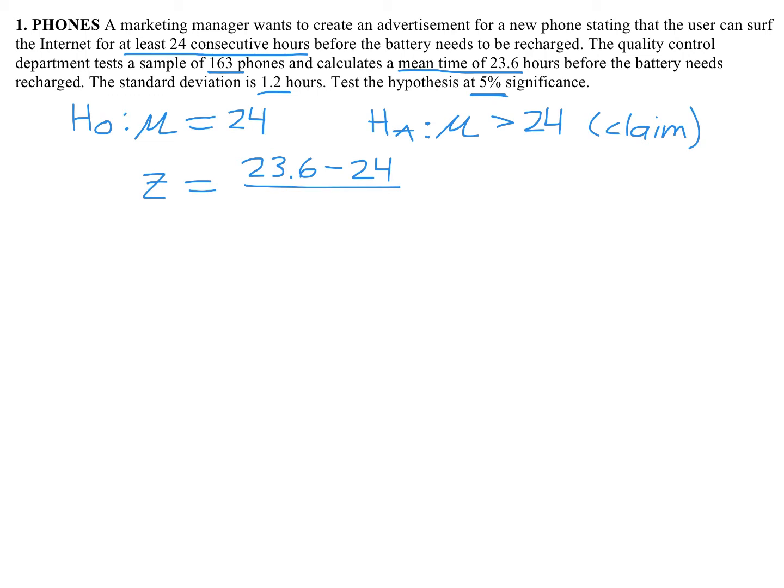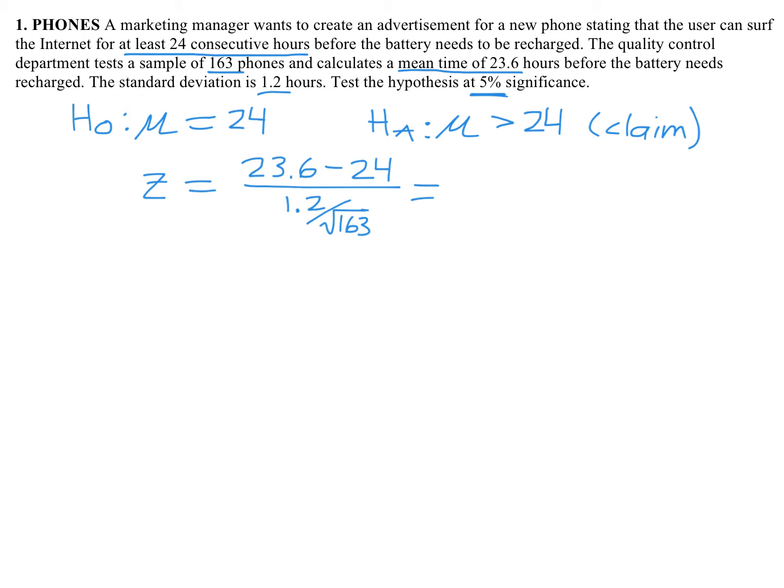And then that gets divided by the standard deviation, which is divided by the square root of n. All right, you have two options. You could either calculate this by hand, or there is also a calculator shortcut. Okay, so doing it by hand, I'm getting negative 4.26.